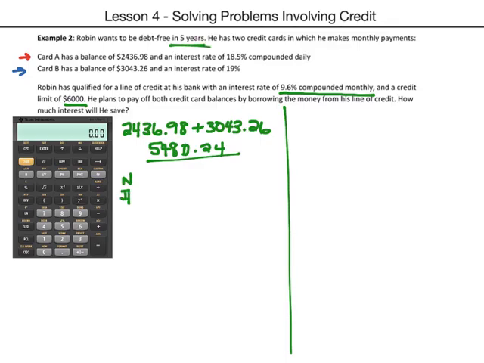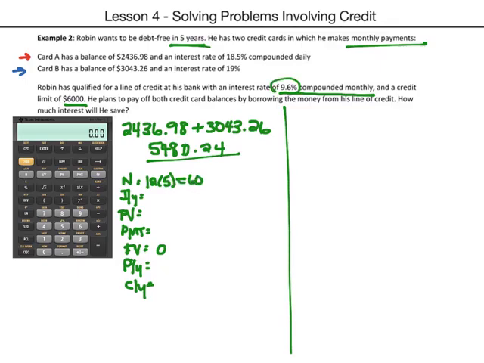So we're going to set up our calculator: N, IY, present value, payment, future value, 0, payments per year, and compounds per year. Because he wants to be debt-free in 5 years with monthly payments, N is going to be 12 times 5, which is 60.